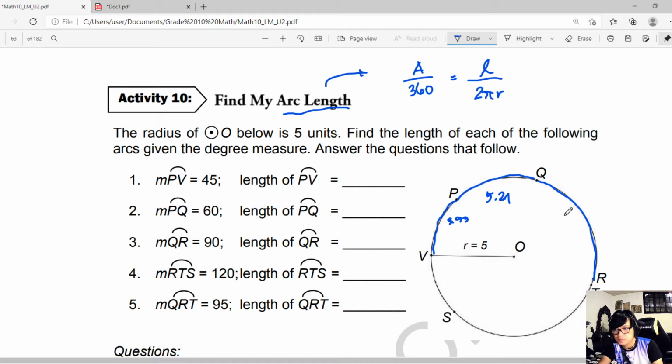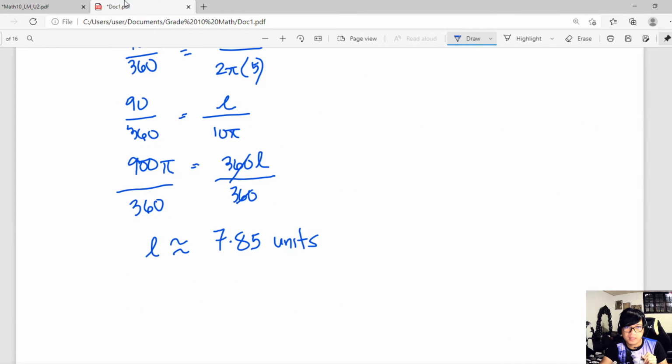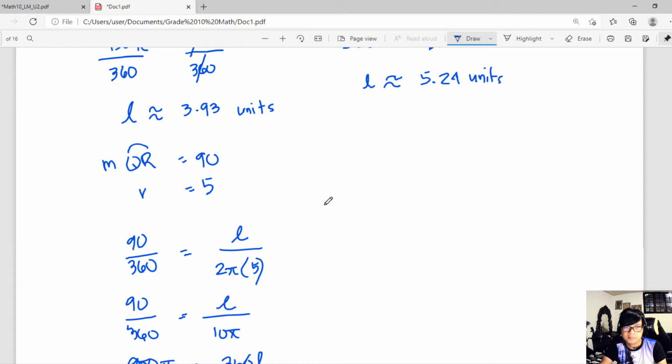The measure of this one is 7.85 units. Next one is RTS. Here. The measure of RTS is 120. Our radius is also 5.